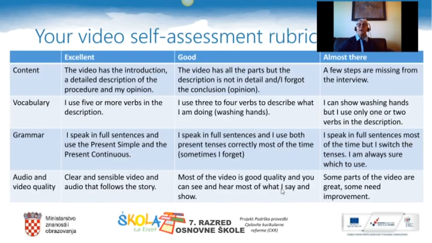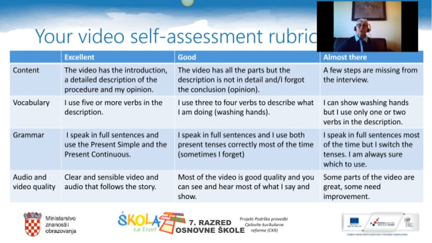This rubric will help you make the most of this task. In this task, there are 3 important things: the content of the video. Make sure your video has the introduction, the detailed description of the procedure of washing your hands, and the conclusion, why you're doing it.